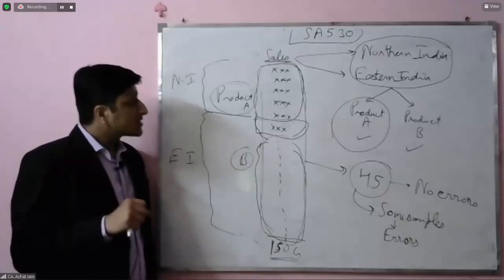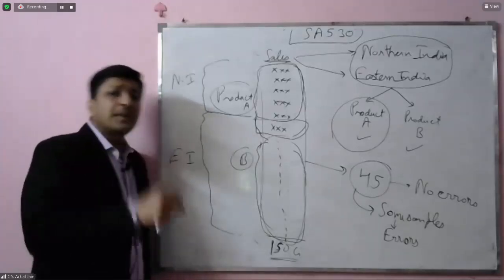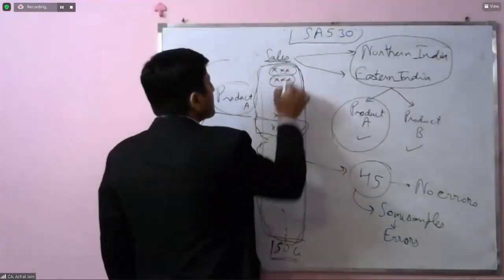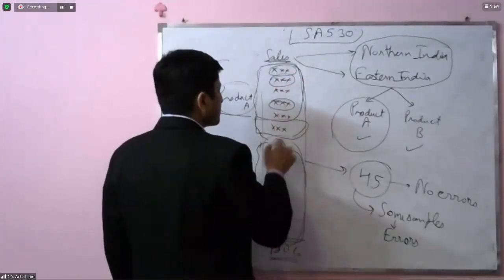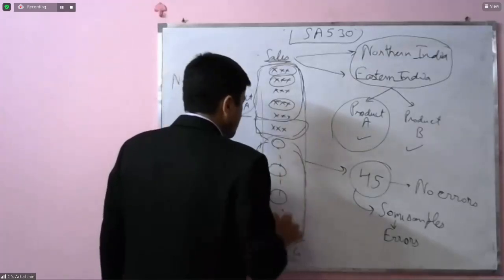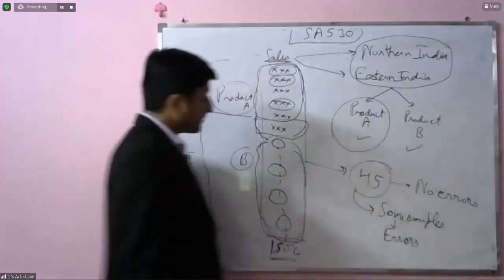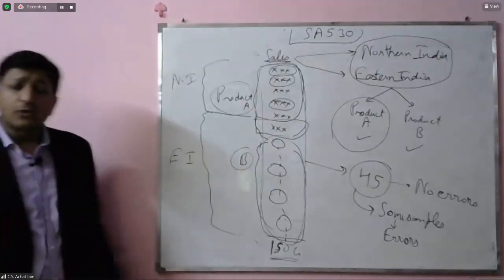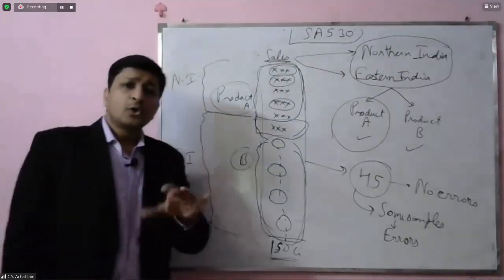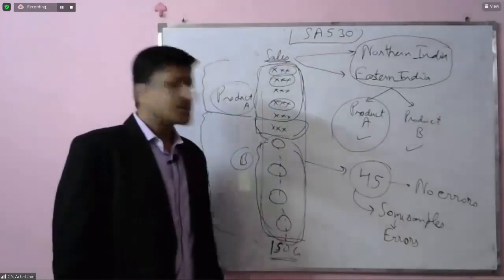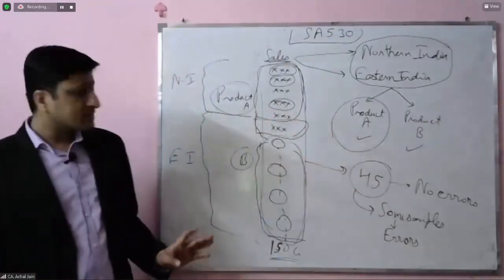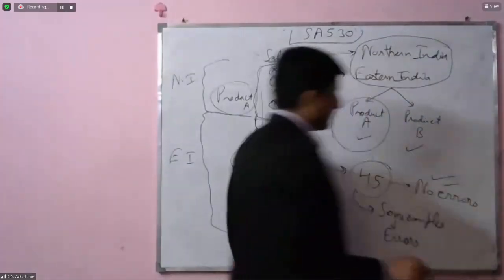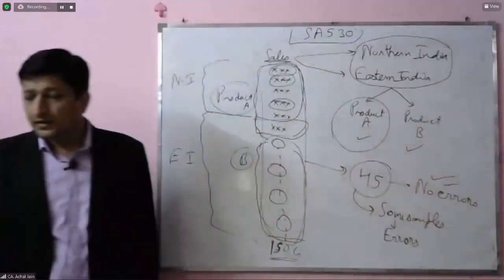So even if a sample is selected, say this sample is selected, this one is selected, this one is selected, and all of the samples do not contain any misstatements. So 45 samples selected, there are no errors in them. They are absolutely fine.